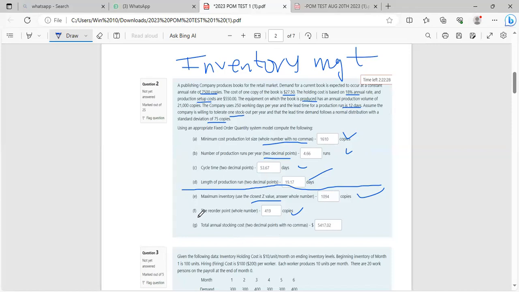So you need to understand what is going on. We're looking at the last part of question 2, which is diverse. So we can go to the total stocking cost. We're finding the total stocking cost.